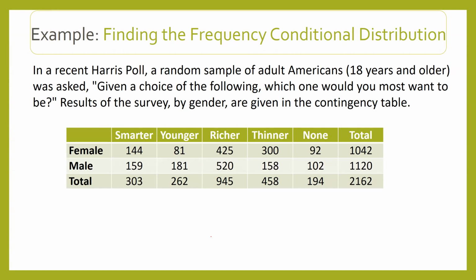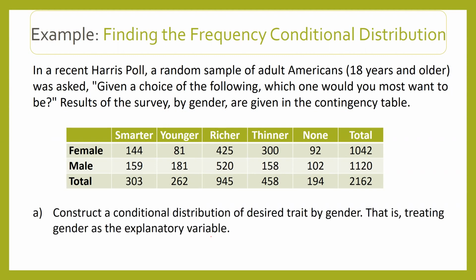So just to save us headache, I don't want to start from there. I want to focus on conditional distribution, frequency conditional distribution. So 144 females said they would like to be smart. 159 said they prefer smart, and so on and so forth. So we have smarter, younger, richer, and thinner. I want to make sense of this table, okay?